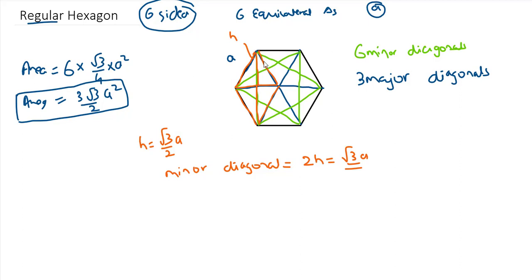For a major diagonal, the ones in the blue were the major diagonals. So this is a major diagonal. Now, if you consider these two triangles, one and the one which is below it, 2.